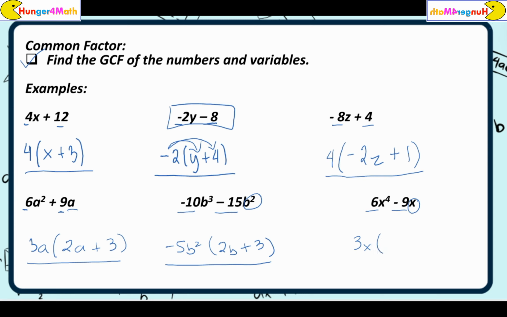Now we're going to divide. 6 divided by 3 is 2. And x to the power 4 divided by x is x cubed. So once again, just subtract the powers. Then negative 9 divided by 3 is negative 3. Then x divided by x is 1. So this will be our final answer.